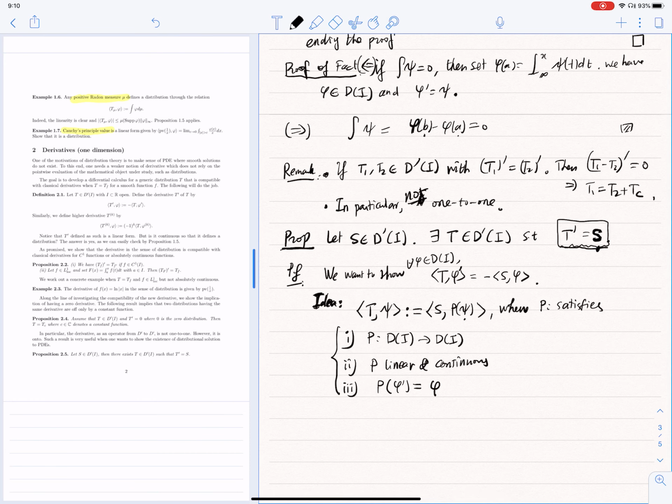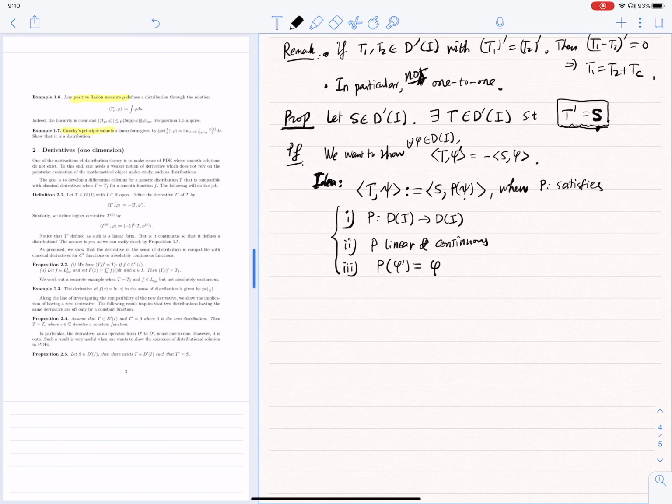Now the name of the game is to figure out a transform that satisfies the three properties.